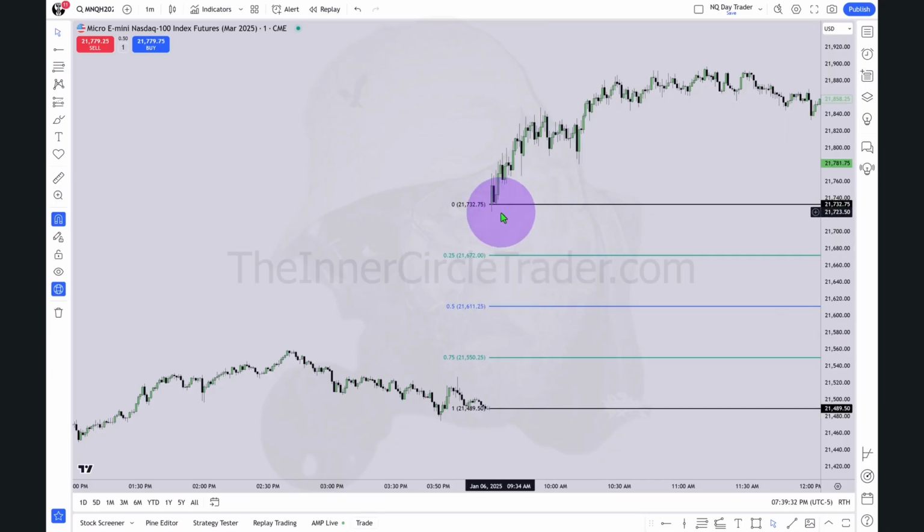But eventually in the afternoon, between 10 o'clock and 11 o'clock, we could see a change or a shift in market structure as we enter into that lunch hour. And then we could anticipate a move back into that gap, being the separation between the previous day's settlement and the opening price.